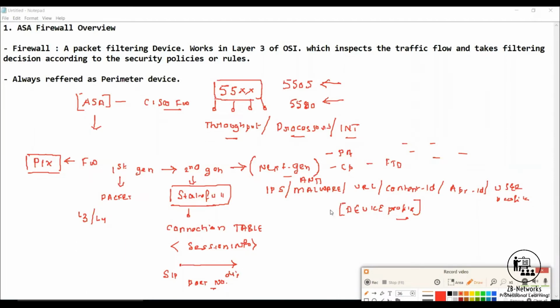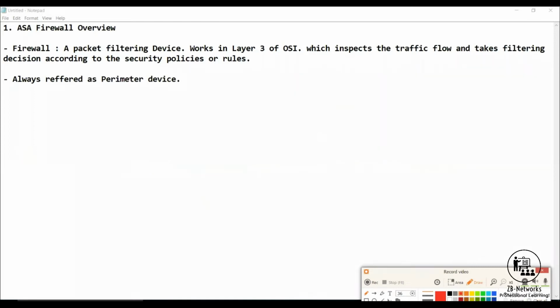There are multiple, and all those are classified as next gen. The reason being they have an advanced way of implementing the solution, along with stateful and inspecting layer 3 and layer 4 properties. So talking back, Cisco developed ASA, but the predecessor of ASA was PIX as the firewalling device.